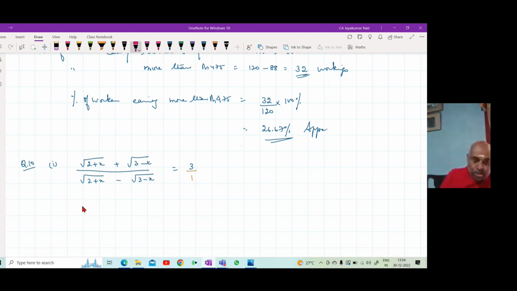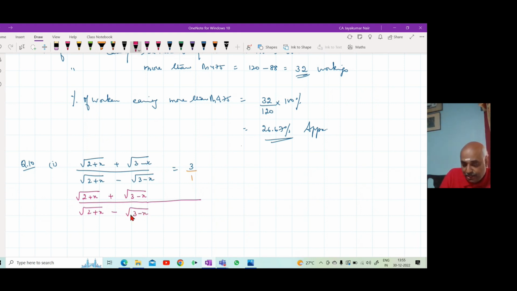So we will use the property componendo and dividendo. So componendo dividendo means what? Numerator plus denominator over numerator minus denominator. So how do we do that? Root of 2 plus x plus root of 3 minus x, whole divided by root of 2 plus x minus root of 3 minus x.